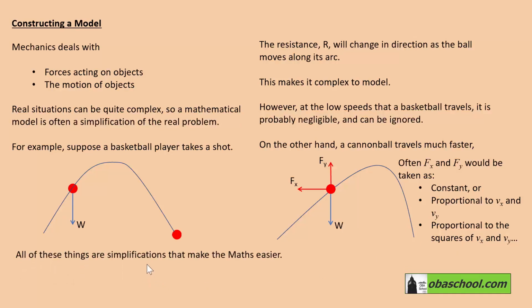All of these things are simplifications that make the maths easier, but often we can get results fairly close to the real situation if we use those correct simplifications. And that being the case, we often want to have the simplest model to work with mathematically, that will actually give good results.